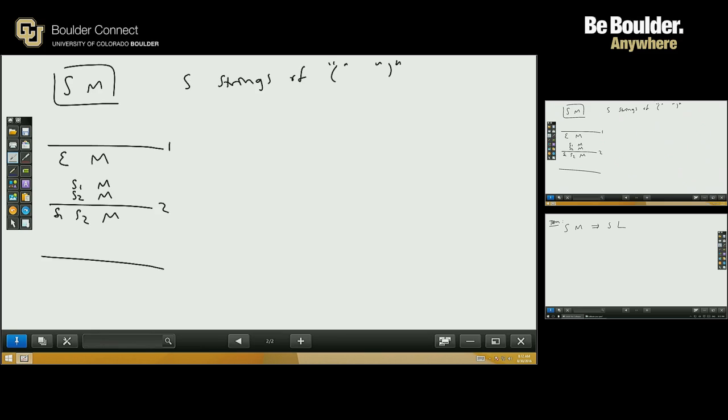S is M. Now define S of L. I think there's only 2 rules for this, right? I think it has the empty rule, as I recall. Let's call that rule 4.